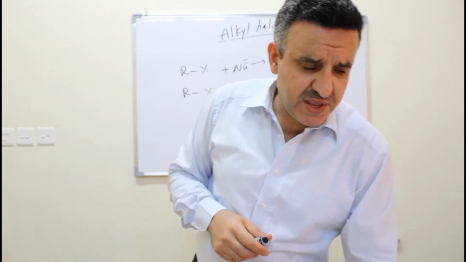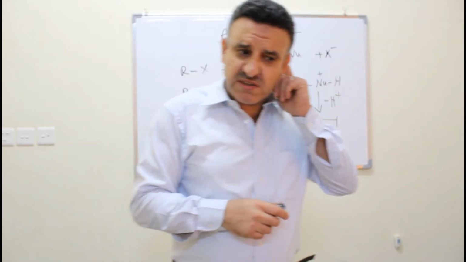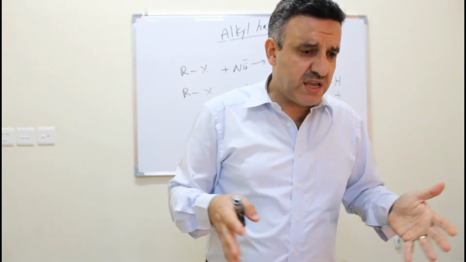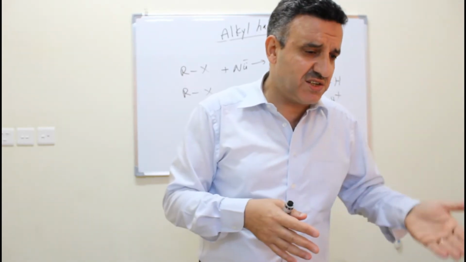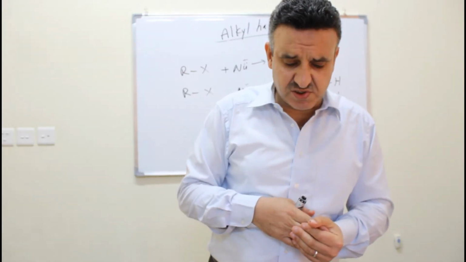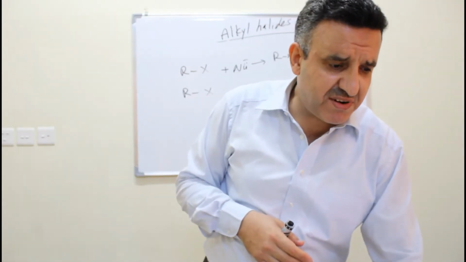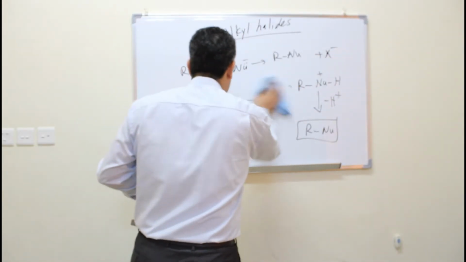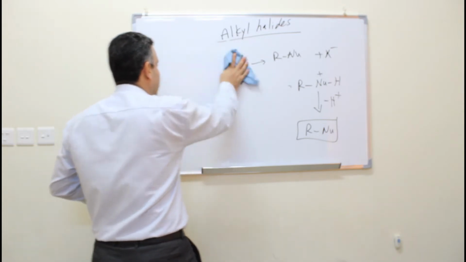So now, alkyl halides differ by the nature of the carbon which is attached to the halogen. We can classify them in general as tertiary alkyl halide, secondary alkyl halide, primary alkyl halide, and so on. So which alkyl halide will be faster in reaction in this SN2 type of reaction?